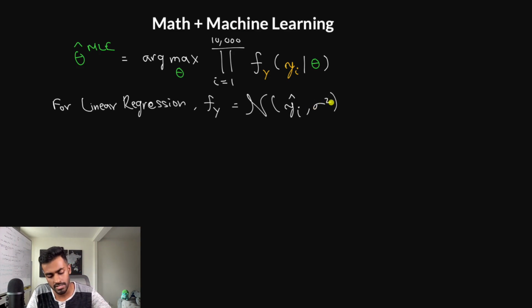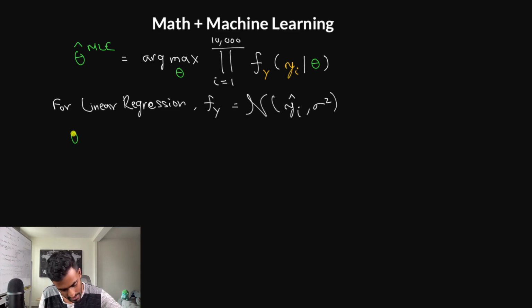And if you substitute this value over here, and you expand this to be the probability density function of the normal distribution, then you will see that the value of theta is the value that is required to minimize the residual sum of squares. So let me actually write that out more concretely over here.